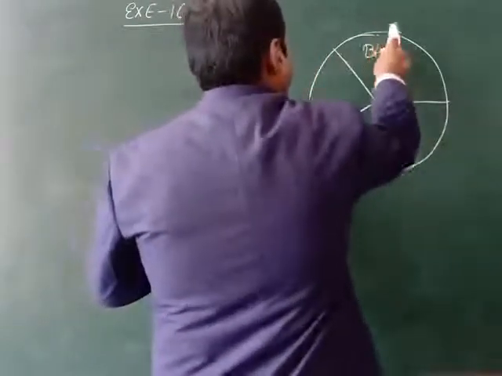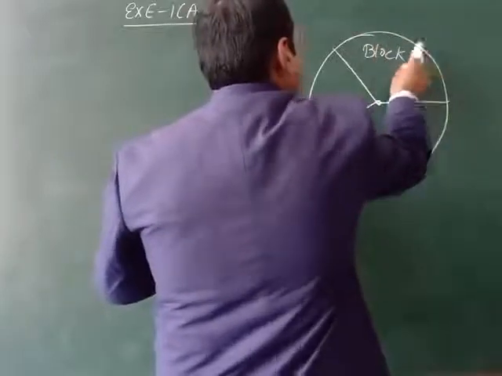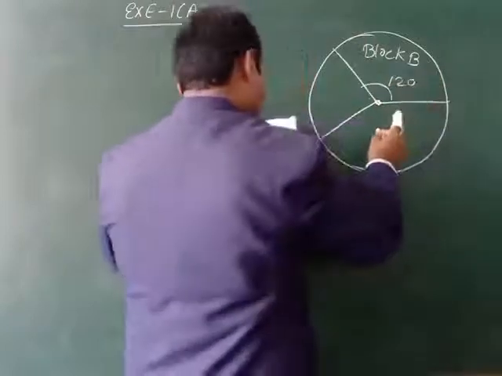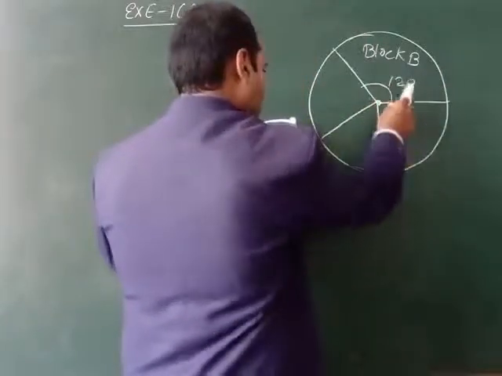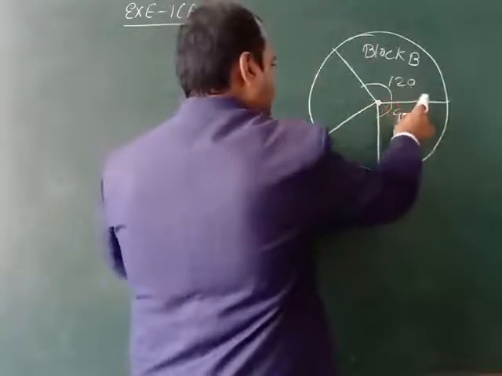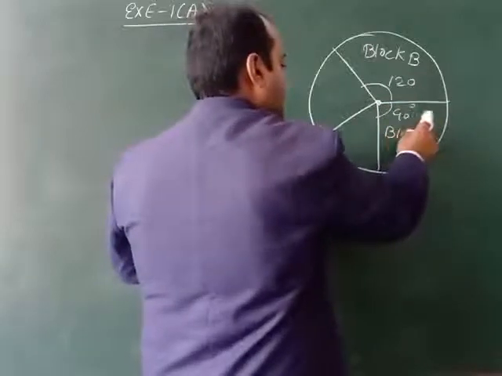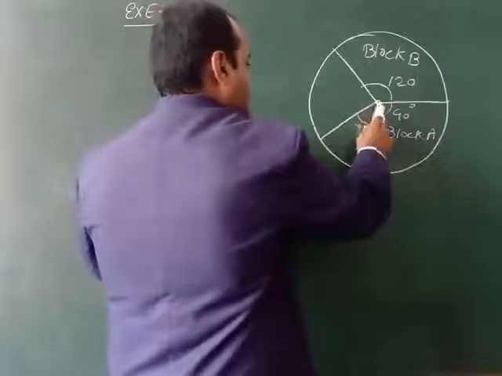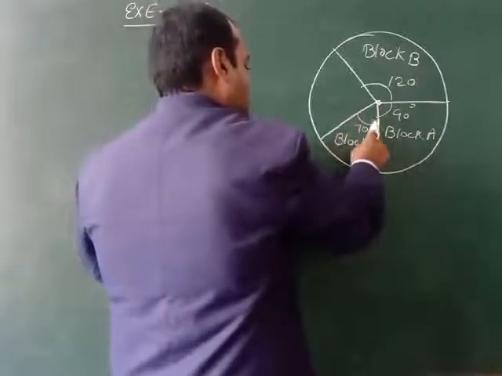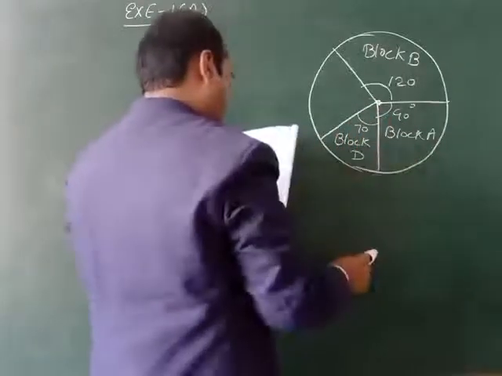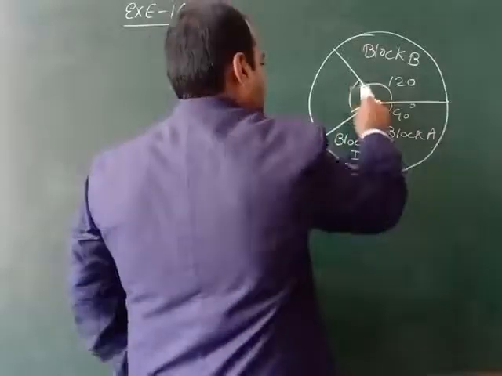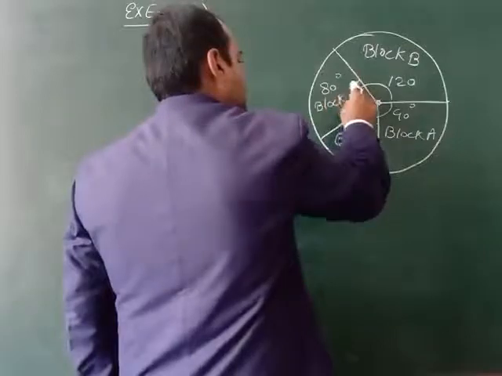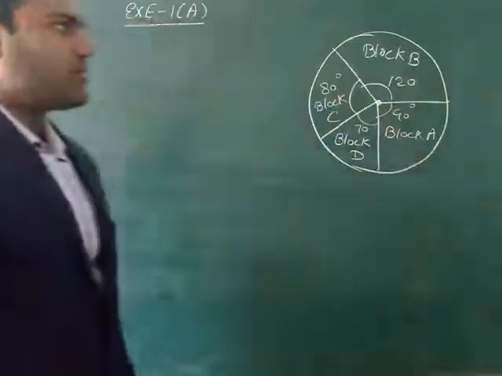Block B is written here and the sector angle for block B is 120. Here 90 degrees is given, written block A. Here 70 degrees is written, block D. And this one is 80 degrees, block C. So this is the figure given in the question.